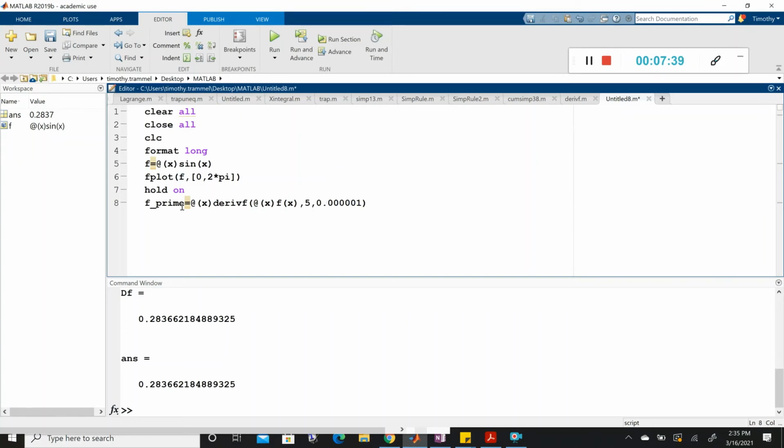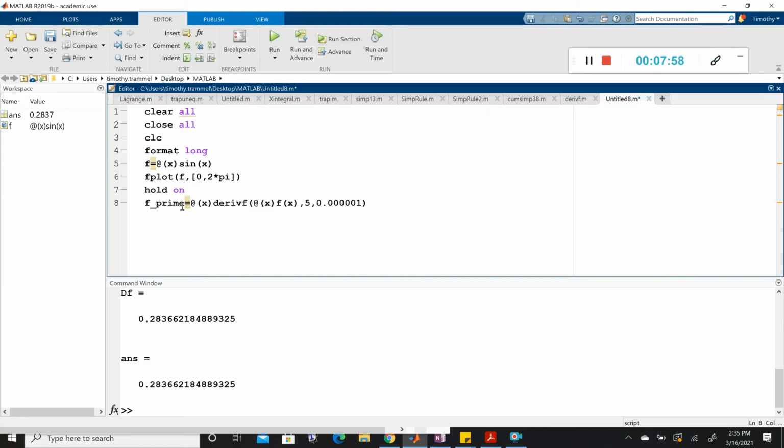And we'll be plugging x into our function f there. So we're deriving the function f. And we want to be doing this at not a specific x here.